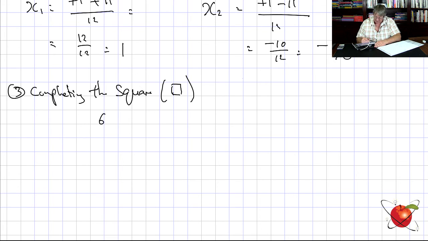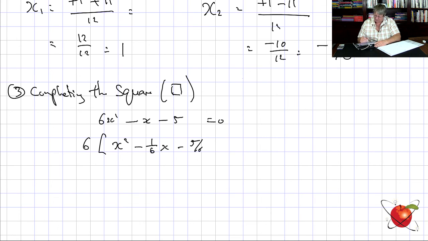Okay, we know it is 6x squared minus x minus 5 equals 0. Step 1, take out the coefficient of x squared. Remember, I'm not going to write them down again. Okay, I'm going to say take it out. That leaves me with a 6 there and a 1x squared there, minus 1 over 6 times x minus 5 over 6.